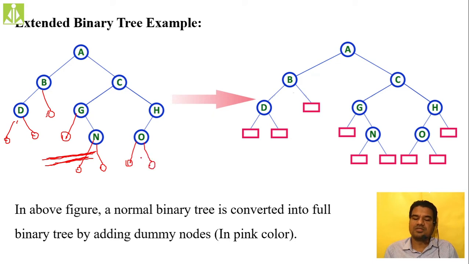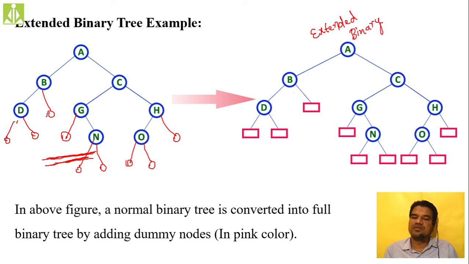All leaf nodes just add two children, and all intermediate nodes with one child just add one more node. So here you can see the conversion from a normal binary tree to a strict binary tree. Whatever nodes are missing, we have added, and this particular tree we call an extended binary tree. Hope you understood this one.